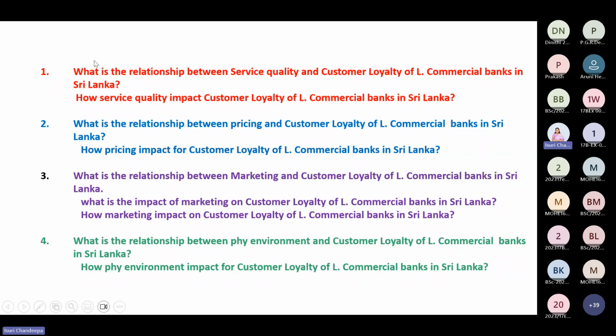In the first question, we started with the what. What is the relationship between service quality and the customer loyalty? If you are taking the relationship and between, you need to link the independent variable and the dependent variable with the word and.